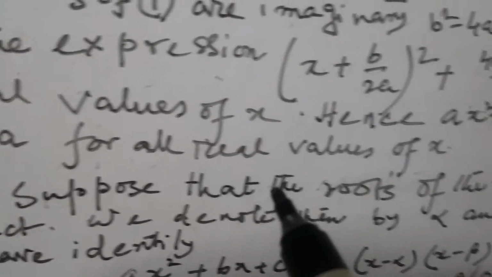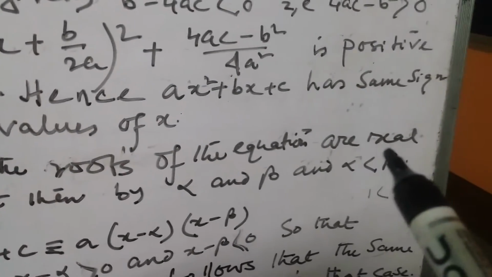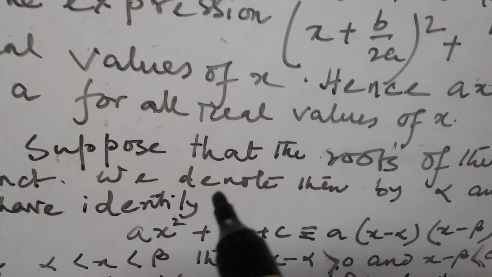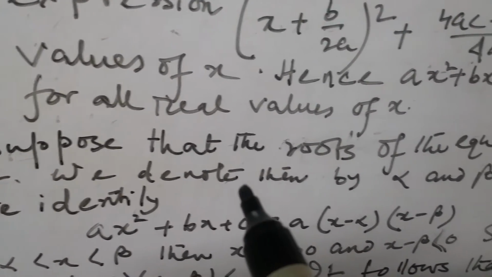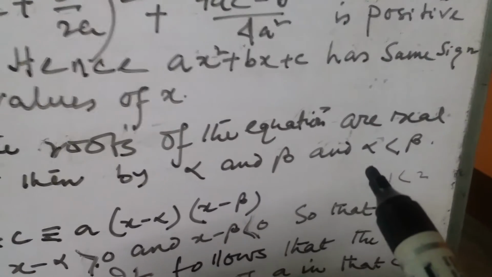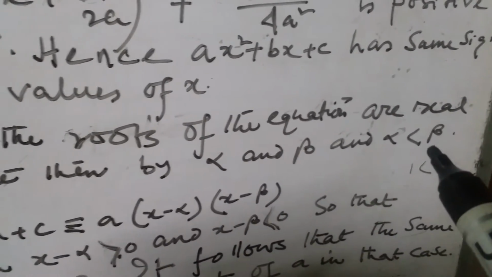Case 2. Suppose the roots of the equation are real and distinct. We denote these distinct roots as alpha and beta, where alpha is less than beta.